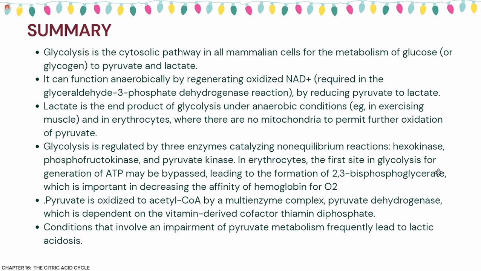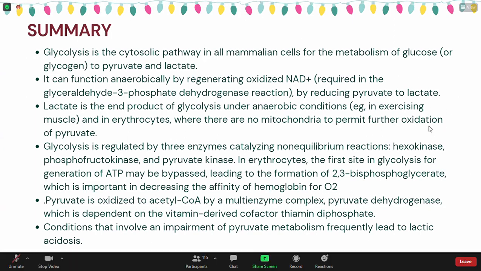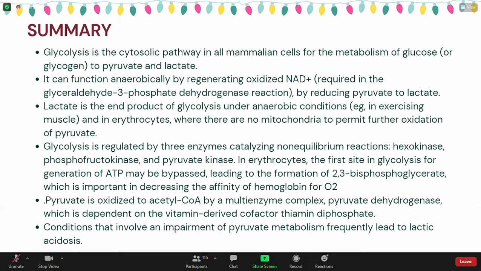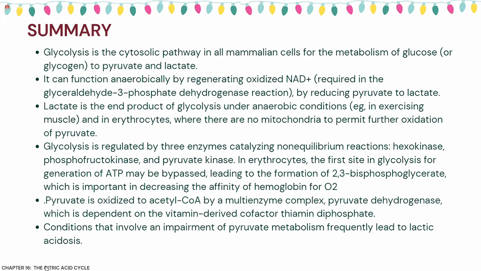Okay. So glycolysis is regulated by 3 enzymes catalyzing non-equilibrium reactions: hexokinase, phosphofructokinase, and pyruvate kinase. In erythrocytes, the first site in glycolysis for generation of ATP may be bypassed for the formation of 2,3-bisphosphoglyceric acid, which is important in decreasing the affinity of hemoglobin for oxygen.